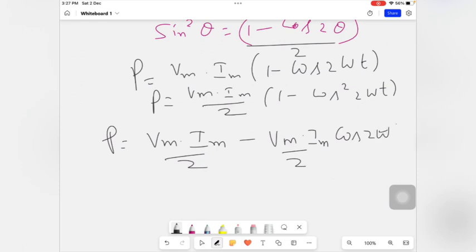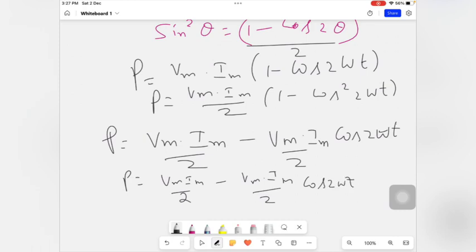Okay. So now what is P now? I will rewrite once again: P is equal to Vm Im by 2 minus Vm Im by 2 cos 2 omega t.